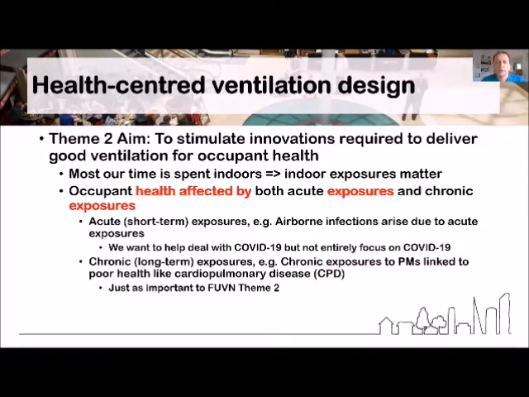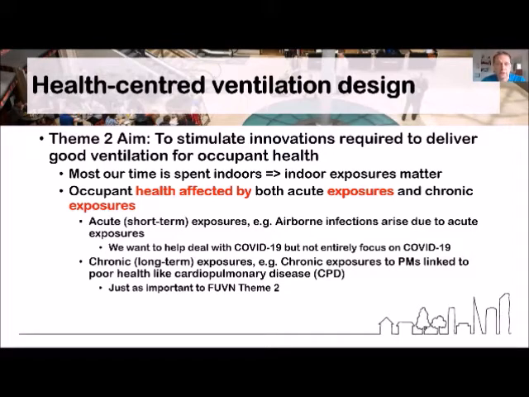But in our theme, we don't only want to focus on acute exposures and COVID-19. We also want to keep in longer term goals and think about chronic exposures.